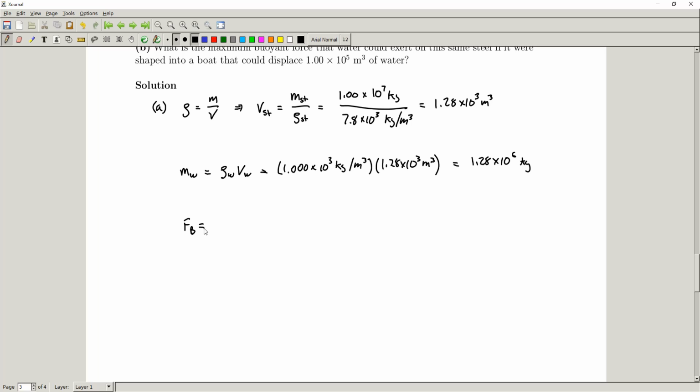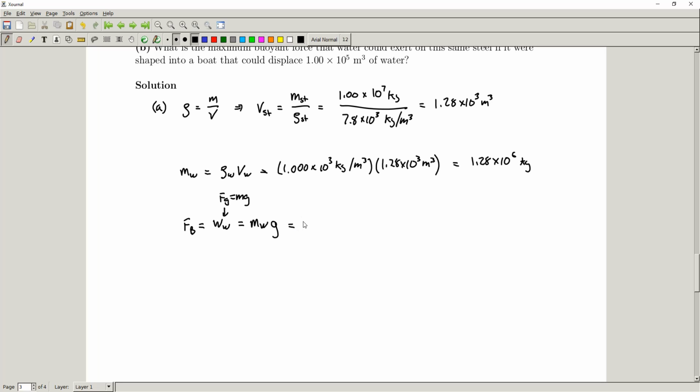But Archimedes' principle tells us that FB is equal to the weight of the water that we're displacing here, and we know that FG is just equal to mg, and this is basically our FG. So we need mg. It's the mass of the water times g, and we can very quickly do that calculation.